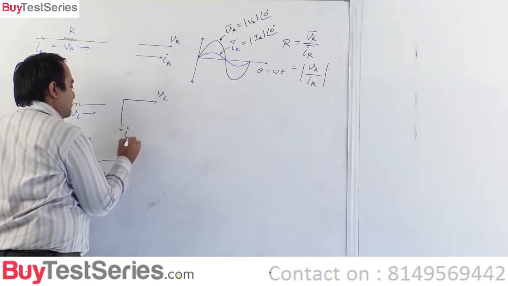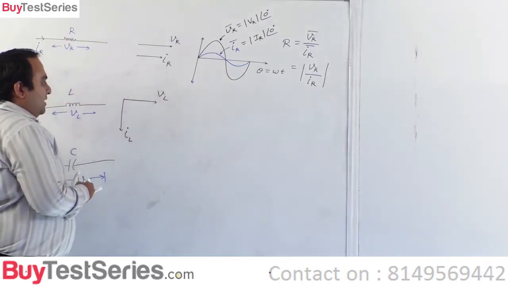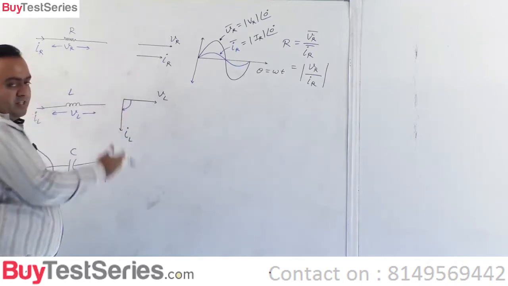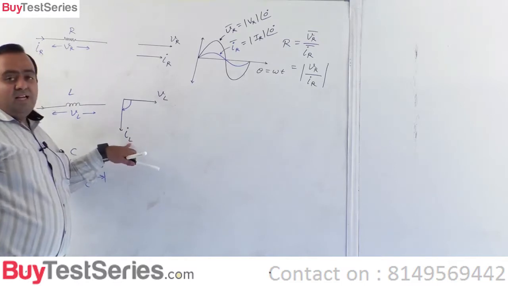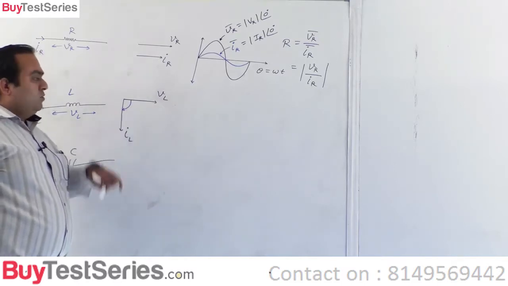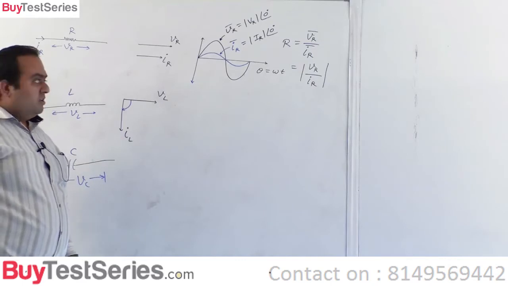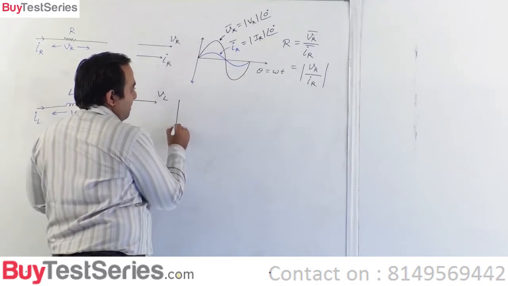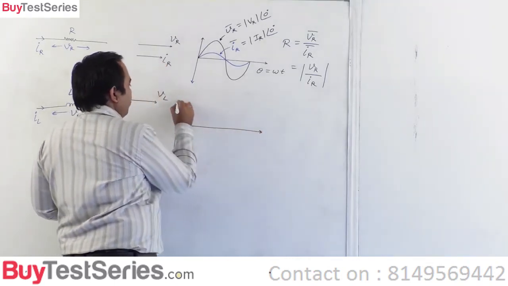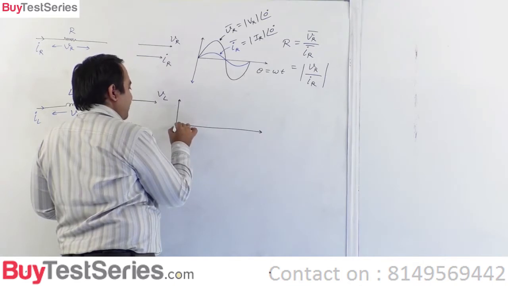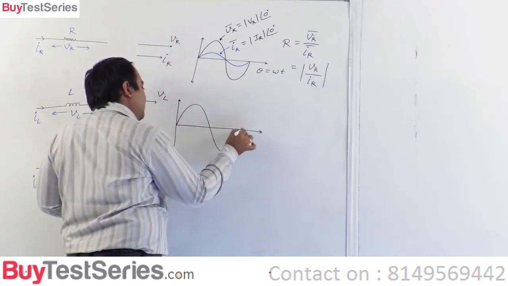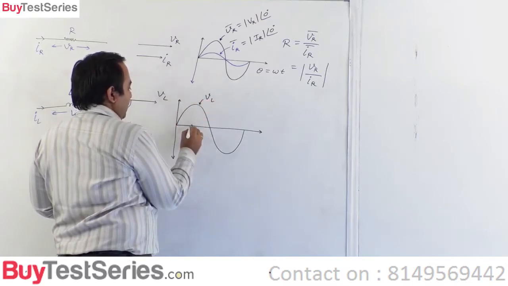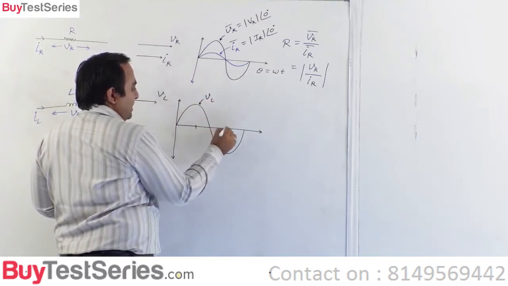If it is an inductance, then we have this as VL and we will have this as IL. If you see, this angle is minus 90 degrees. Since we are measuring it clockwise, the current has an angle of minus 90 degrees with respect to voltage for an inductor. So what happens here? If you have the inductor voltage like this, say this is VL, then the inductor current will lag by 90 degrees.